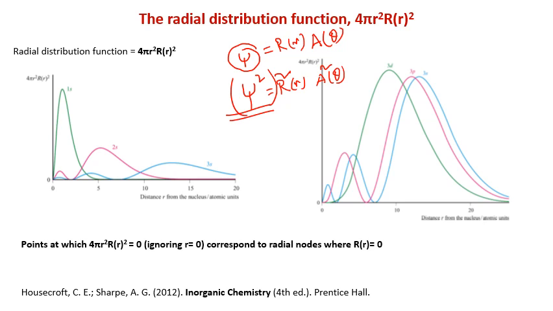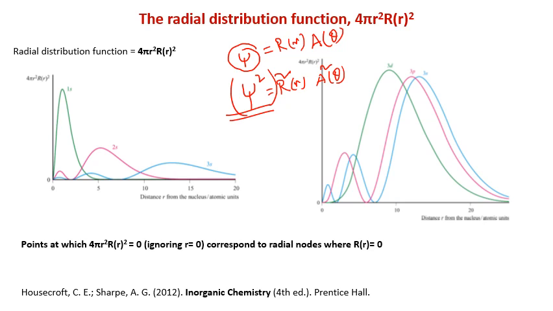Now first we consider the radial component. A useful way of depicting the probability density is to plot a radial distribution function, and this allows us to understand the region of space in which the electron is found.